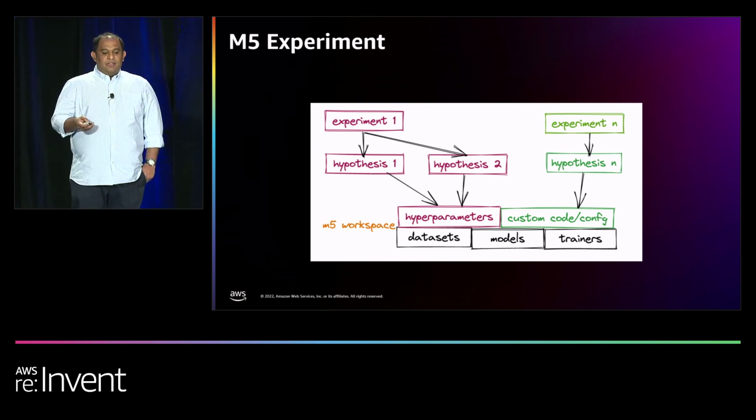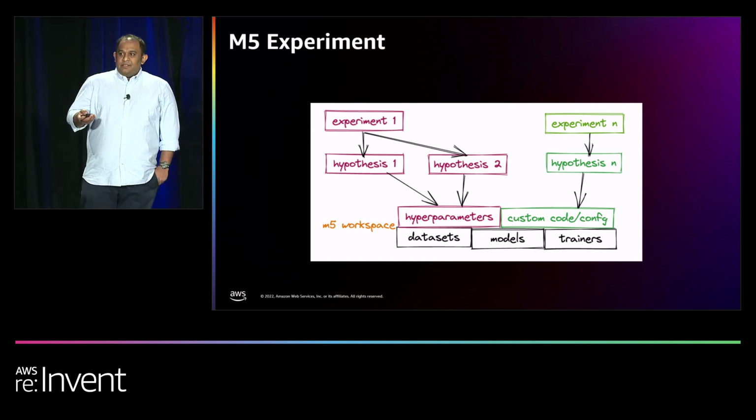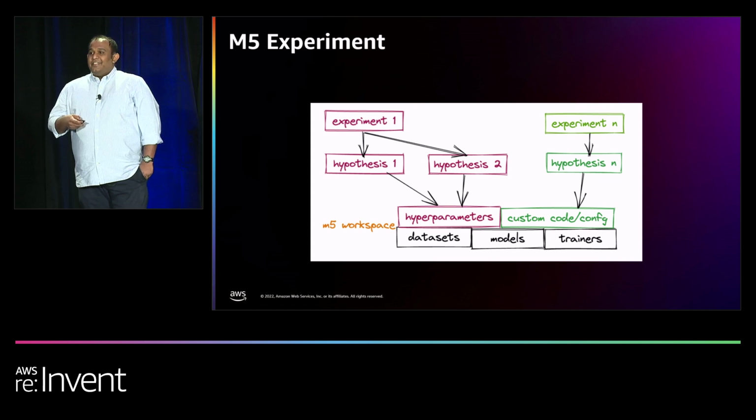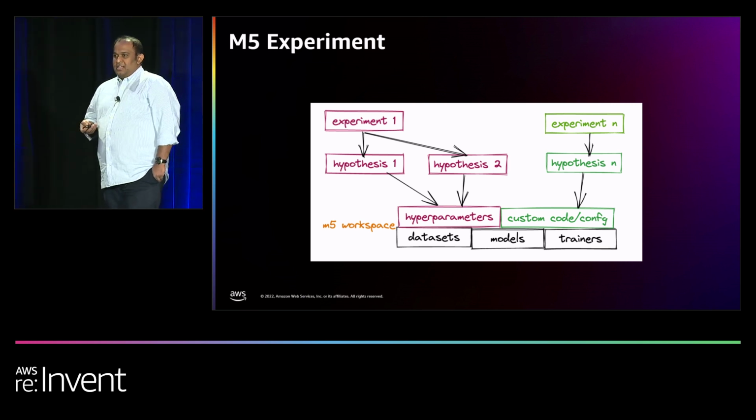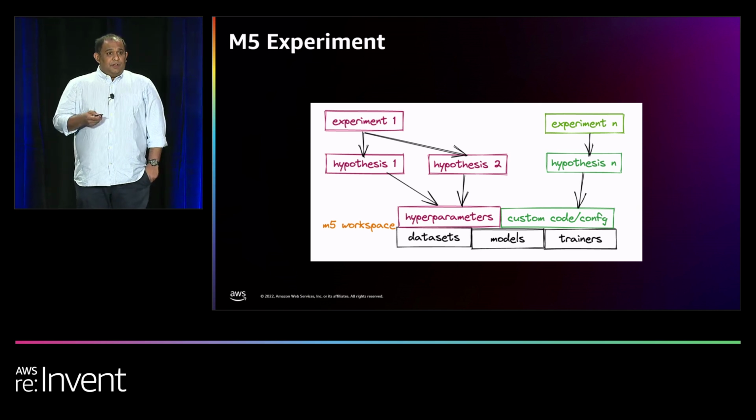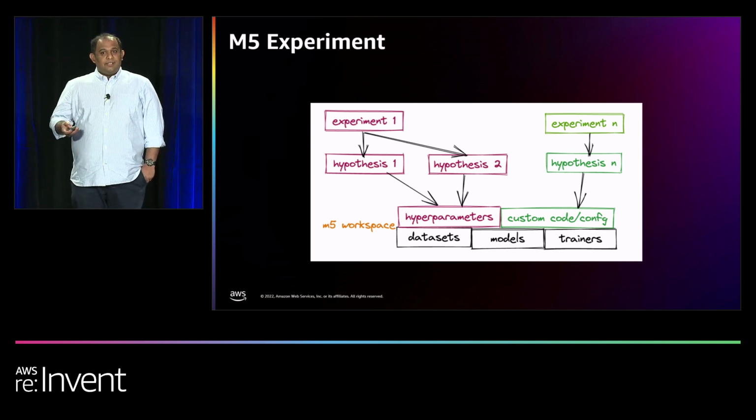As you can see, we call it an M5 workspace. So we have hyperparameters, code, config, datasets, different kinds of model architectures, and different kinds of trainers. You need different kinds of trainers based on what machine you're using. You need to make sure that the workspace you work on can be checkpointed so that you can reproduce the results.